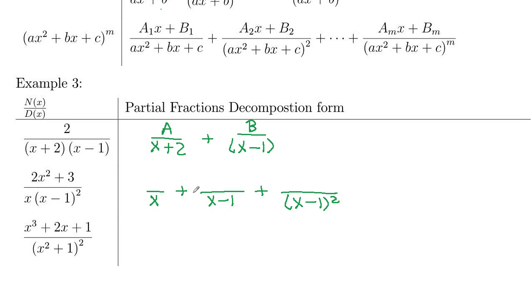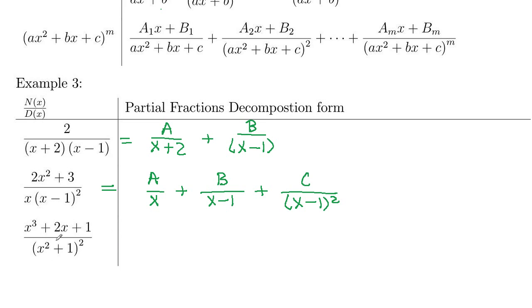Now these are all linear, so we're just going to have numbers in the numerator. Let's call them a, b, and c. So this expression will decompose into something that looks like this, and we just want to find the a, b, and c.